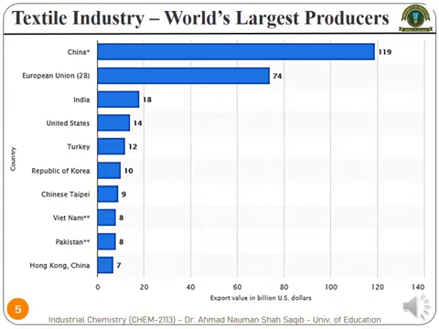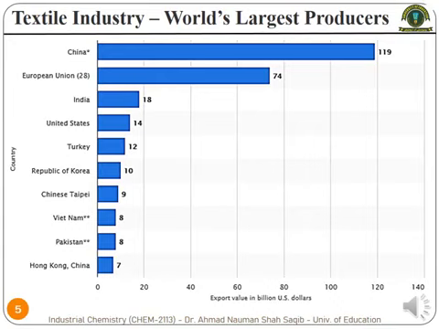And after India, there is the United States, which has exports of around 14 billion US dollars, and then there is Turkey, having around 12 billion US dollars of exports per year of textile products. And then there is Republic of Korea, which is also known as South Korea. जनूबी कोरिया जो है उसकी प्रोडक्ट्स जो हैं वो भी स्टैंड कर रही हैं ऑन द 6th पोजीशन विद अराउंड 10 बिलियन US dollars per year.